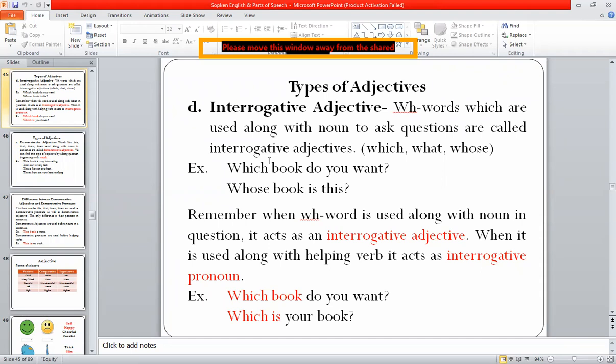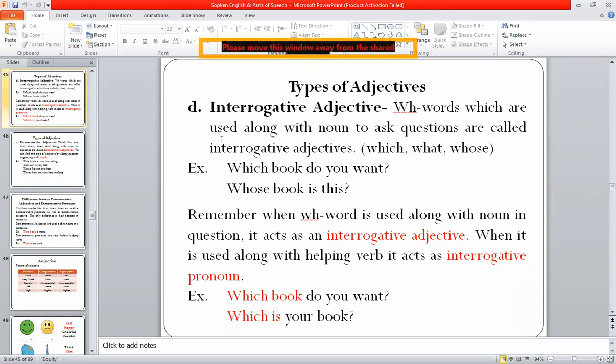Okay, so the fourth type is interrogative adjective. These are the adjectives which start with a WH word. What is the difference between interrogative adjective and interrogative pronoun?